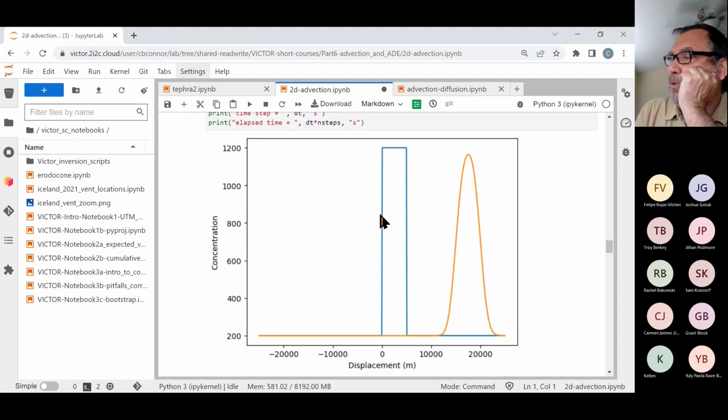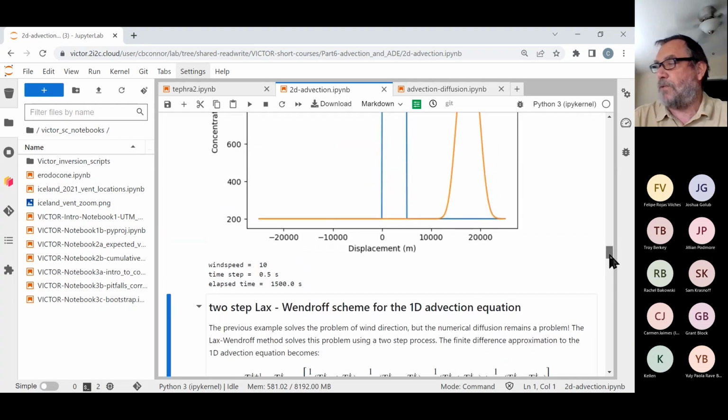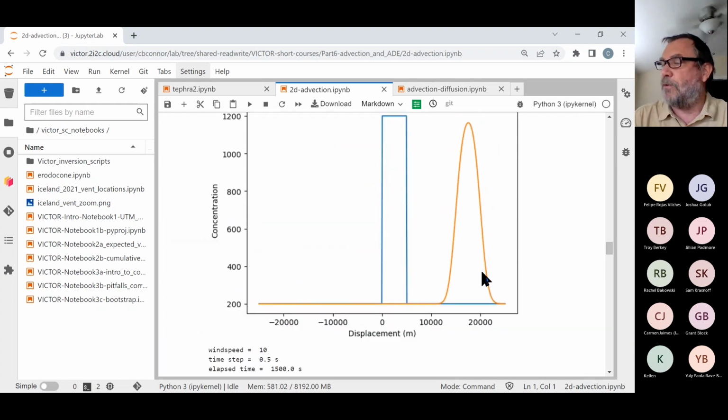So this blue line represents time 0, and this orangish line represents the time after all these time steps, 3,000 time steps, or 1,500 seconds, right? So it's moving a long way. Okay, the other thing that's happened is you can see it's looking like it's diffusing at the same time that it's advecting. So what do I mean by that?